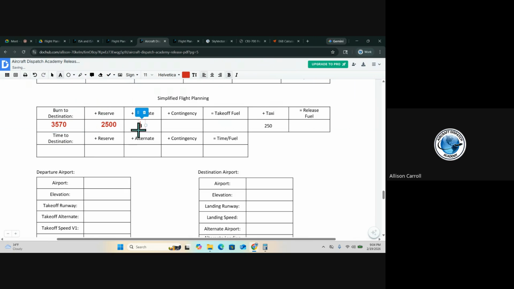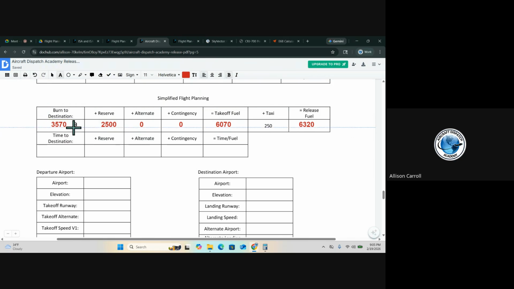We didn't need an alternate. Here you'll see contingency, it's just the same as hold fuel. We don't have any extra fuel. So our takeoff fuel is 6070. And then adding that 250 was 6320 for our release fuel, or our ramp fuel, AKA our block fuel. You'll hear all of these different terms, and they're pretty much all the same thing.